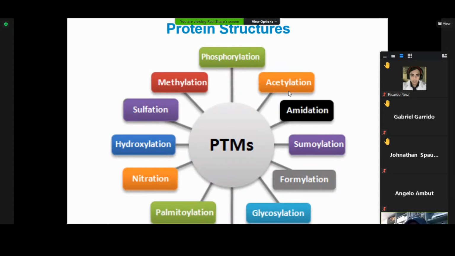Acetylation, remember acetylation, how we can acetylate histone proteins in order to uncoil the DNA in the area. There you go. Glycosylation, we just learned about. Nitration, adding a nitrate group. Hydroxylation, adding an OH group. Methylation, adding a methyl group. So these are just some of very common post-translational modifications.